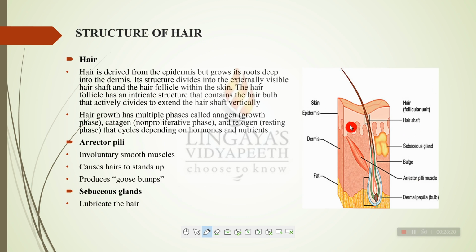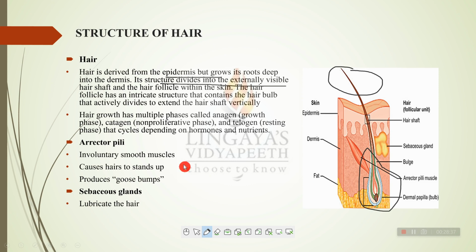Now here you can see in the picture the structure of hair. It is derived from the epidermis. Its structure divides into the externally visible hair shaft at the upper end and the hair follicle at the lower end.